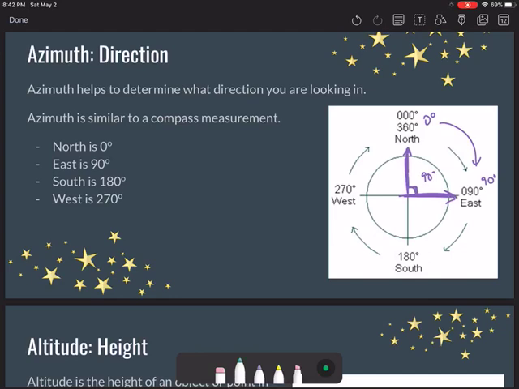Same thing as if we go east to south, that's another right angle. There's going to be another 90 degree difference. So going from 90, an additional 90 degrees is going to give us 180. And we could again continue along the circle doing all of the math, because first of all, math is the best. But we get another 90 degree right angle here.